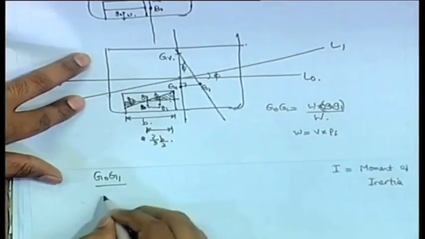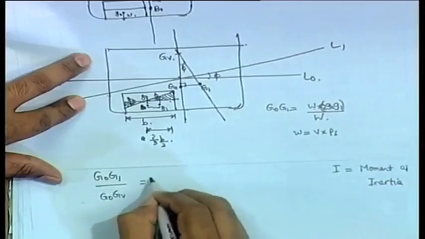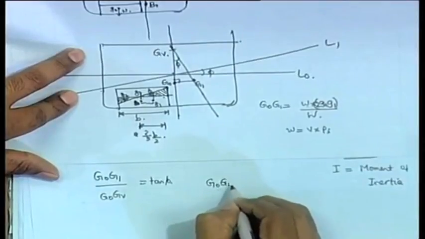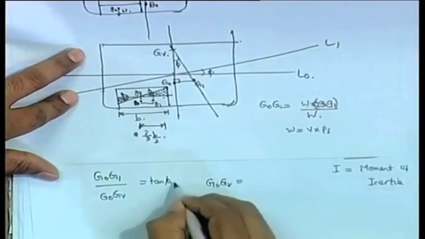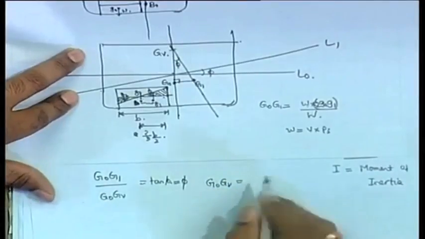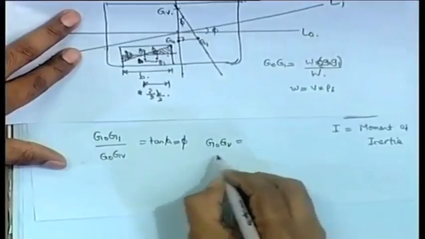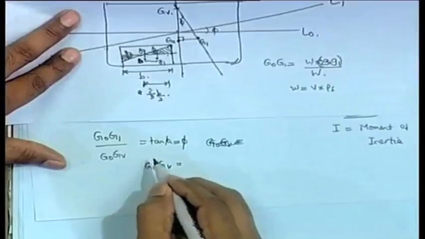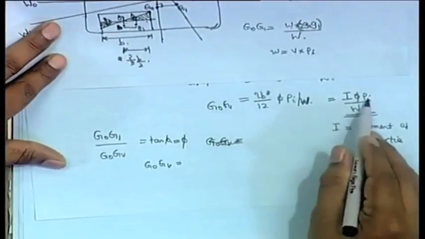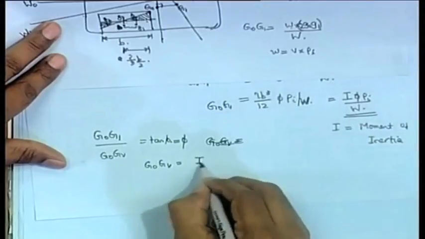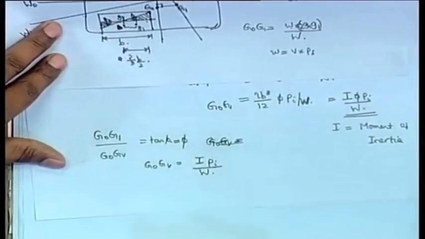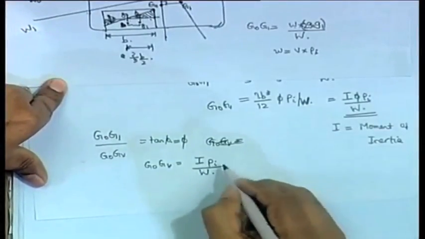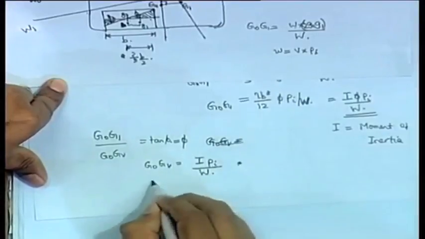Therefore, G0 G1 divided by G0 Gv is equal to tan phi, which is phi for small angles. Then G0 Gv is equal to G0 G1 by phi. So, you remove that phi, this becomes I rho divided by W, where rho is the density of the fluid. So, you have this G0 Gv.